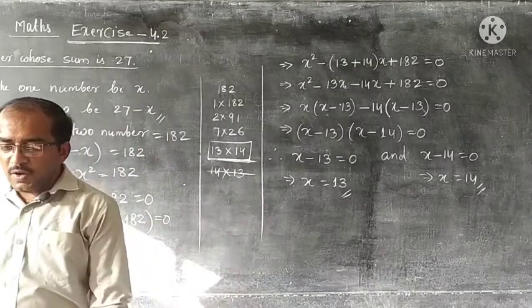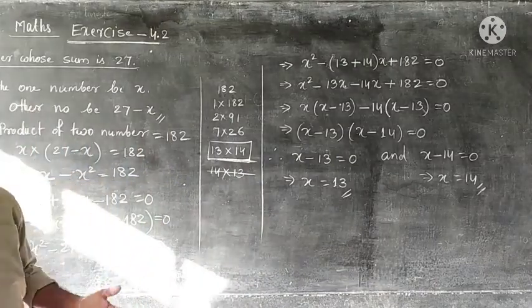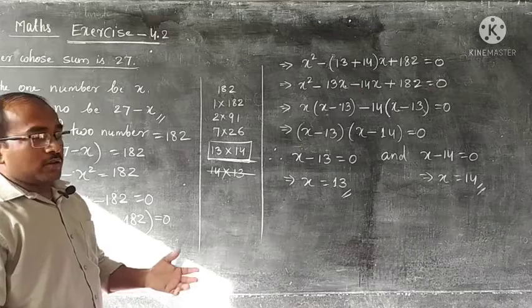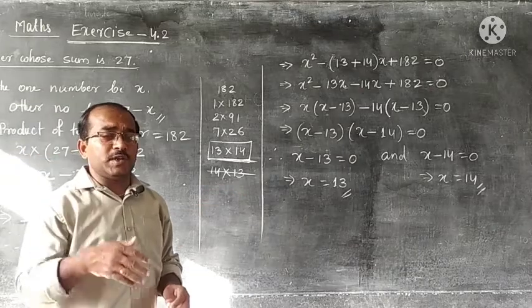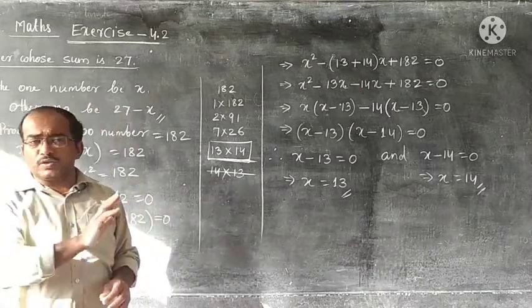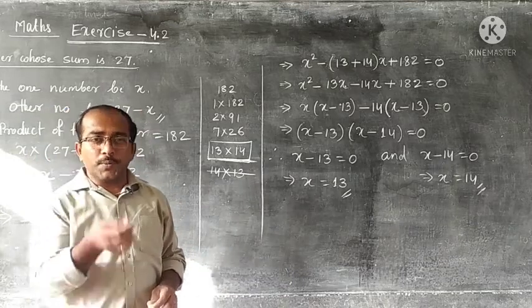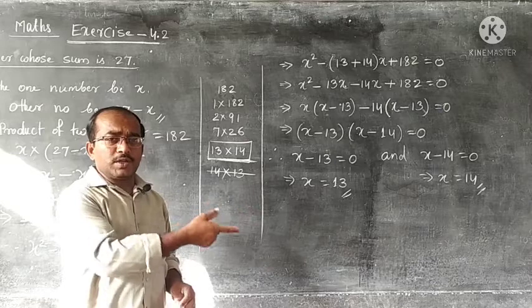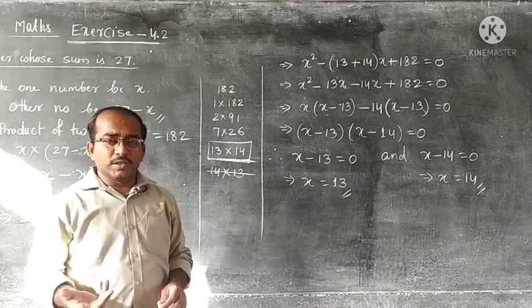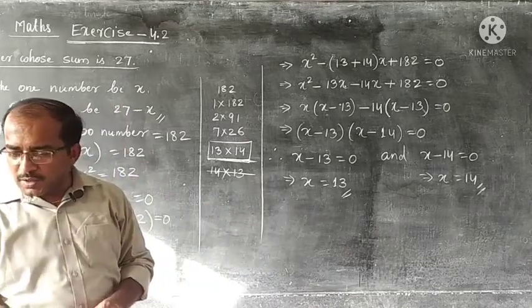The question is: find the two numbers whose sum is 27. The numbers may be positive or negative; in the question it is not mentioned. So if the first number is 13, the second number is 14. Is it clear?